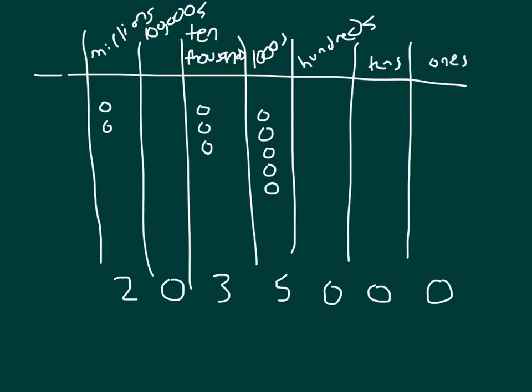The other thing that we're going to continue to work on is our placement of commas. If I write out this number, 2035000, let's go ahead and place our commas so it'll be easier to see this number and also easier to read this number. We'll count from right to left, 3 places, ones, tens, hundreds.